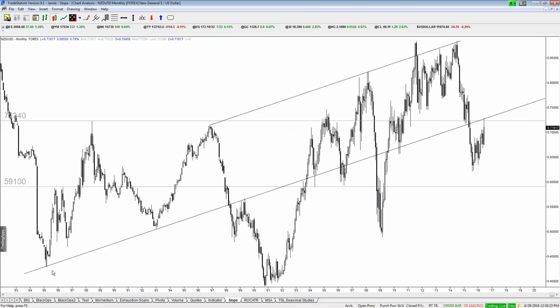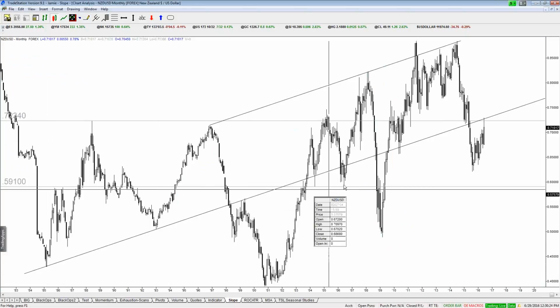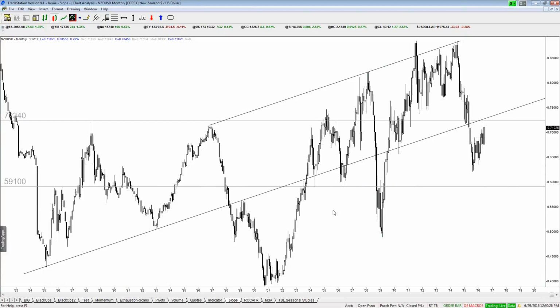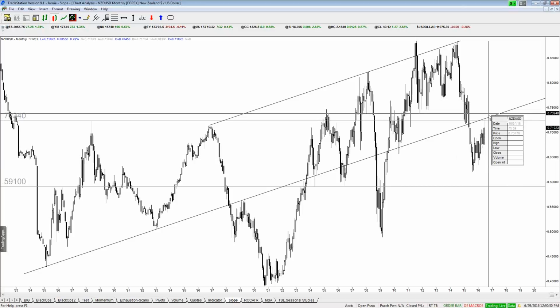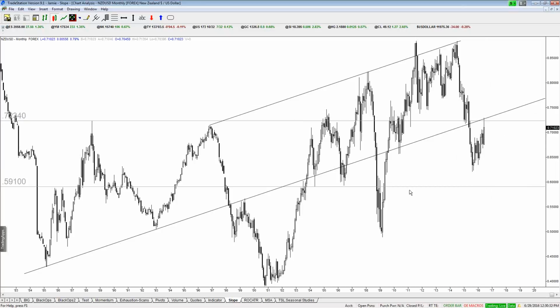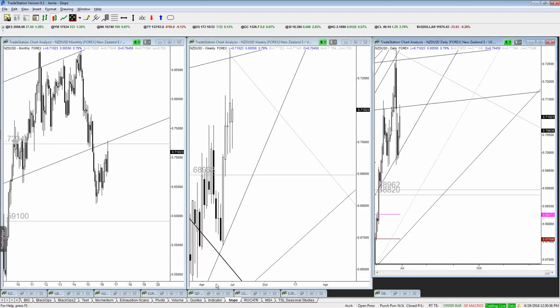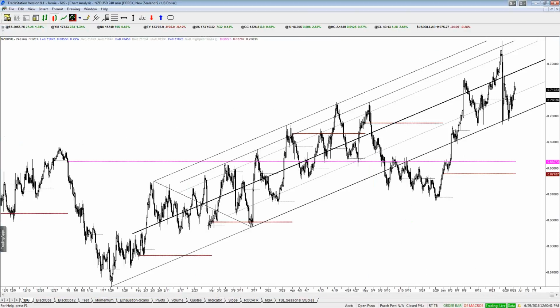The monthly chart has this massive long-term trend line, which came off that thing obviously because of what happened last week, but we came off that thing substantially. So then when I have something like this, you hit support there.